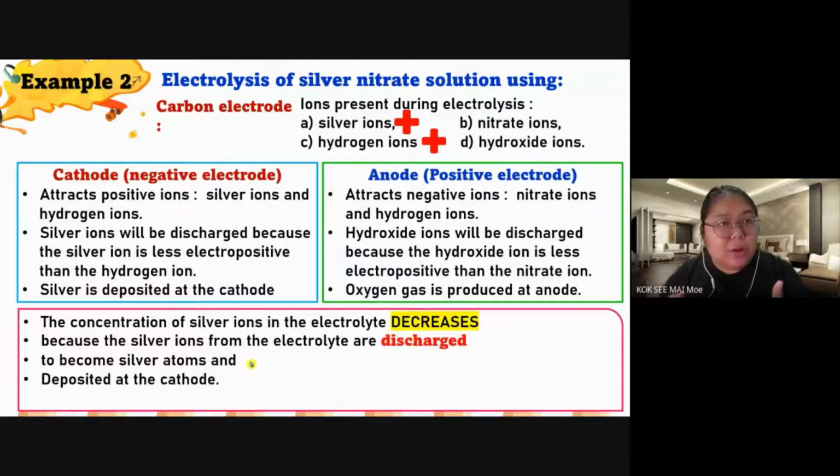The cathode already absorbs the silver, and it sticks to the spoon. Example, just now I put the spoon. All the silver will be attracted to the spoon. The anode also never dissolves anything. They only discharge. So finally, the concentration of the liquid has decreased, already absorbed onto the cathode.